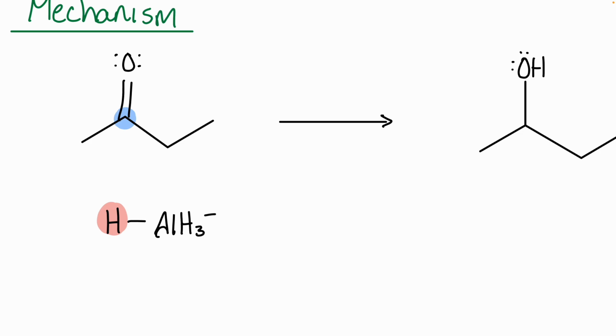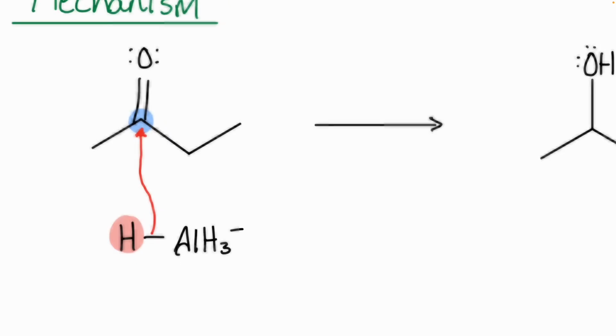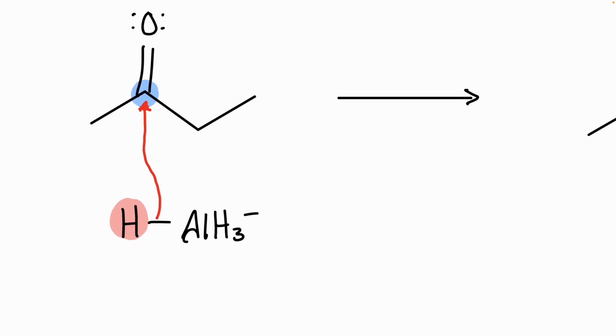Same thing here, okay? Now, importantly, I have to start my arrow on a pair of electrons. My hydrogen atom doesn't have any lone pairs, so I need to make sure to start my electron pushing arrows at that bond. Similar to what we did with our Grignard, right? We got to start our arrow at a pair of electrons. And then am I done with this first step? What am I going to do? I'm going to kick that pi bond pair of electrons up onto that oxygen.